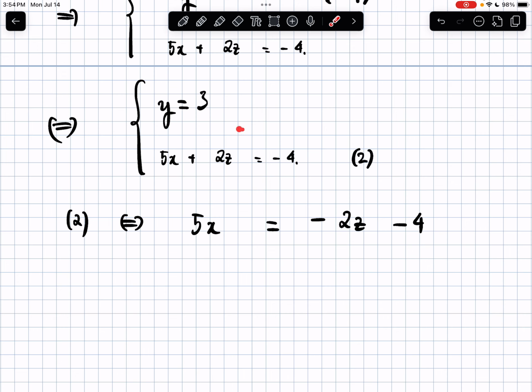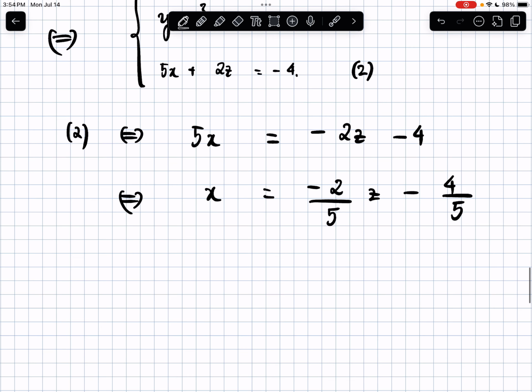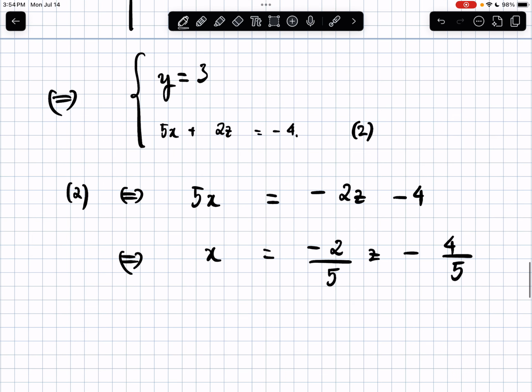So we bring 2z to the right. This gives us x equal to minus 2 divided by 5 z minus 4 divided by 5. So we have x, we have y, and we have z.